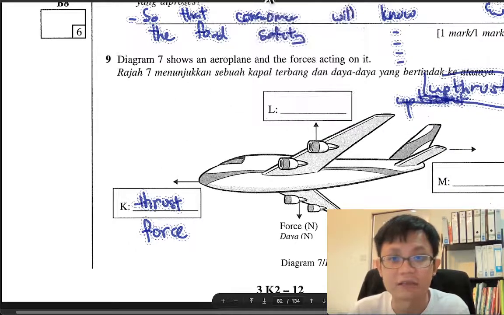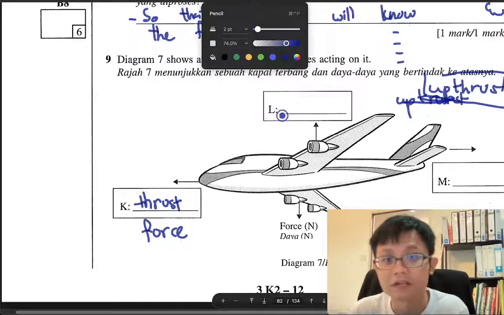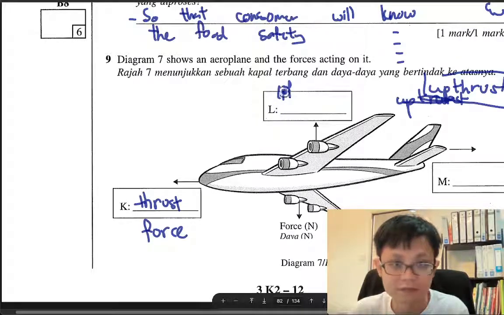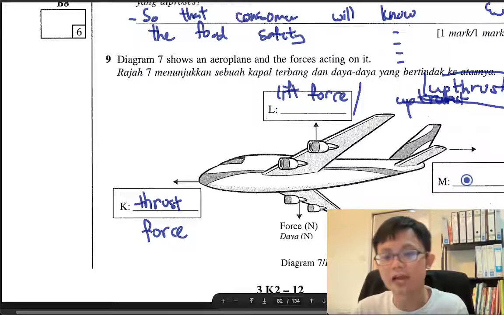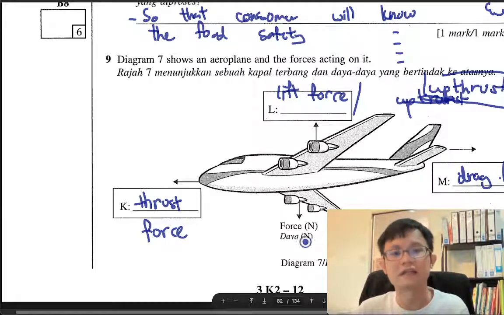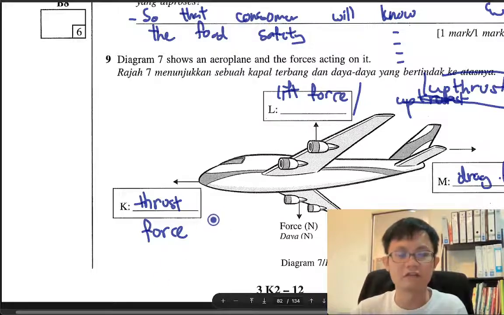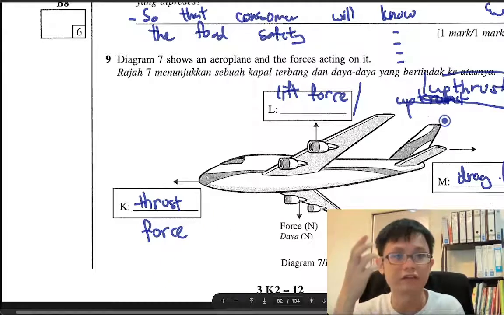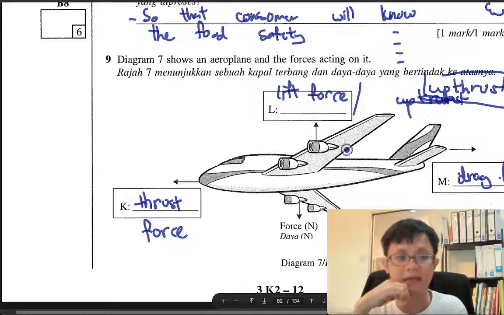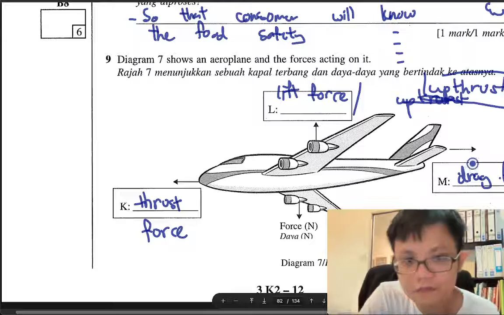So this one you can write up thrust, or here it is called the lift force. And for M it will be drag force. For this one you need to know the downward force is gravity, the forward force is thrust force. This one usually I put up thrust, but the answer in the book is lift force, and there will be a drag force.